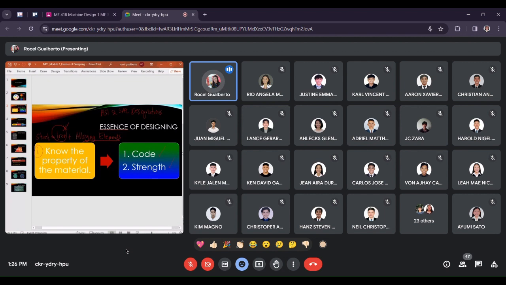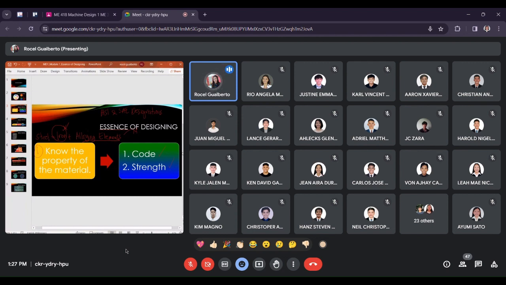Okay? And these alloying elements po, pwede pong isang alloying element lang. Okay? O kaya naman po ay combination ng madami. Okay? So, ilan po sa mga samples ng mga alloying elements na yan? So, you have here po yung nickel. Okay? So, depende sa alloying element na idinagdag mo, yung property nung resulting steel.